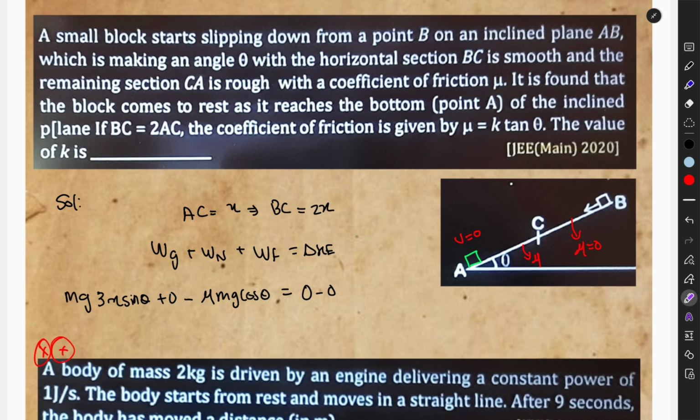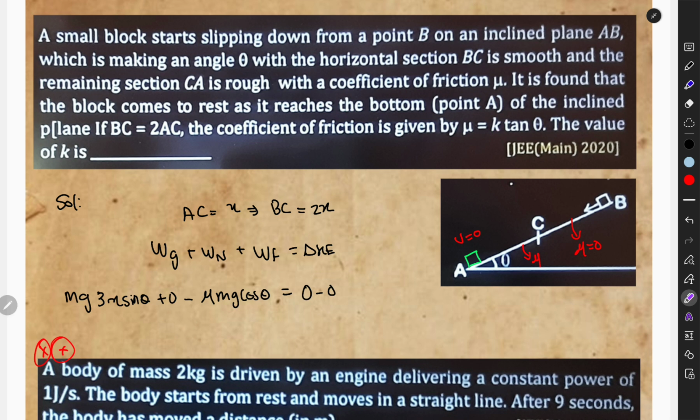So the question is, a small block starts slipping down, so basically there is a block here, and it starts slipping, and here the coefficient of friction is 0, and here the coefficient of friction is mu, which is k tan theta. Fine. So basically apply the work energy theorem to find the value of k.